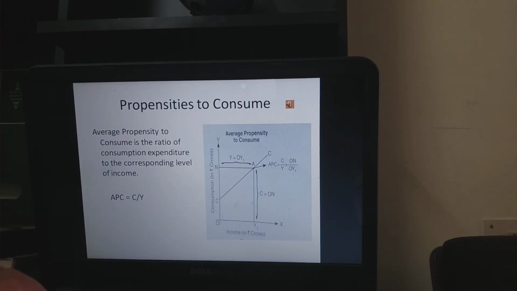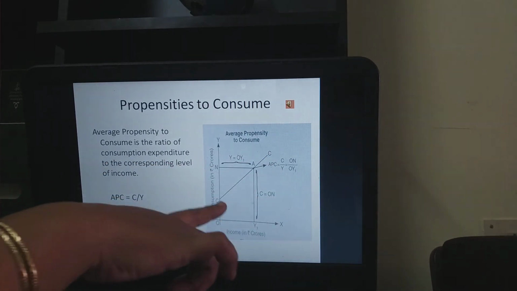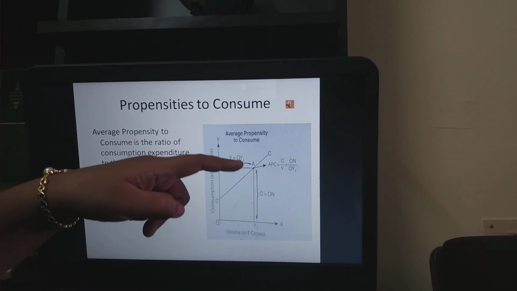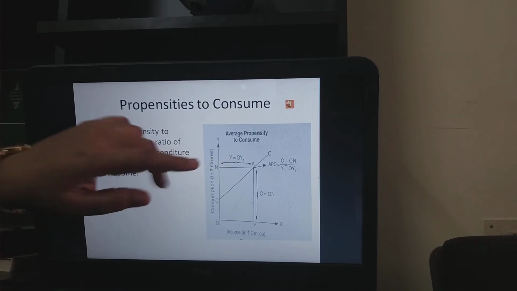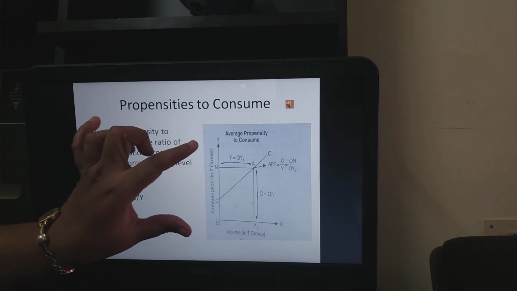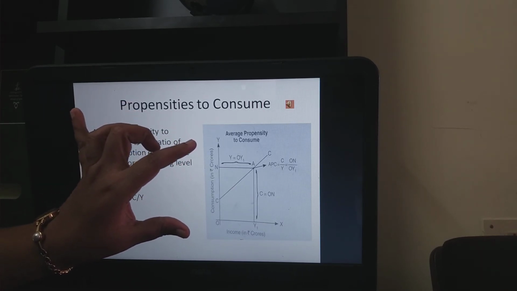Now CC is the consumption curve, and at a point A on the consumption curve, you observe that there is a specific level of consumption to an extent of ON. On the y-axis, you know that expenditure is measured, that is the consumption expenditure.